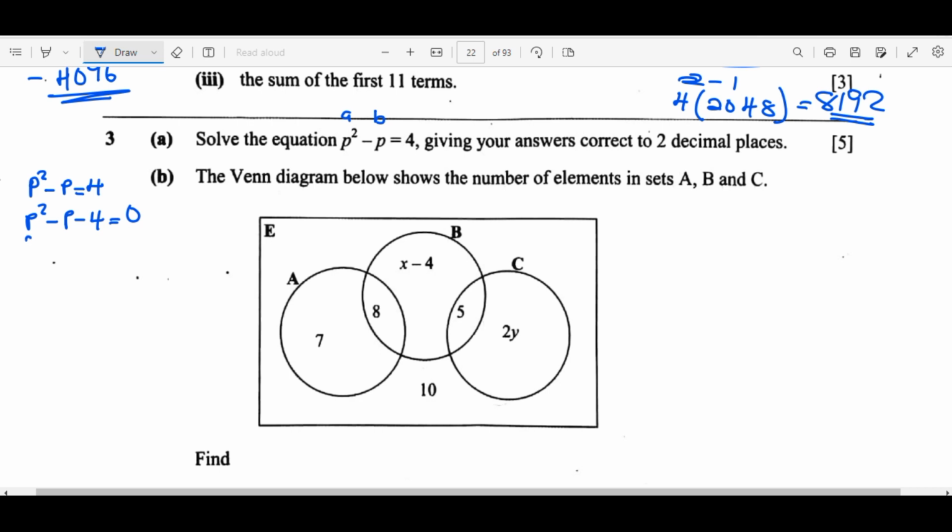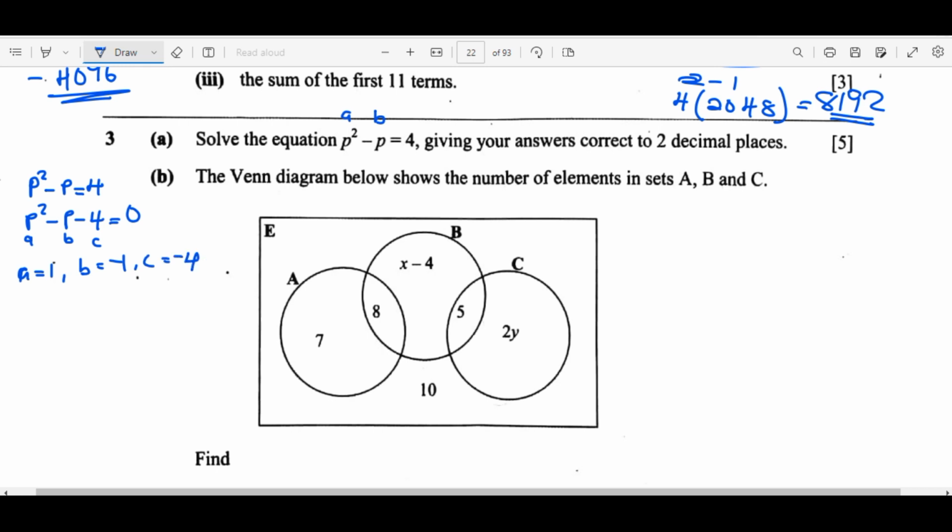So we would say this is a, b, and then c. Here a is 1, and b is negative 1 because there is a negative there, and c is equal to negative 4.